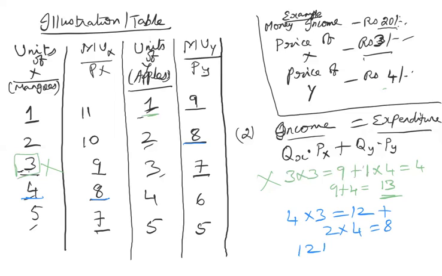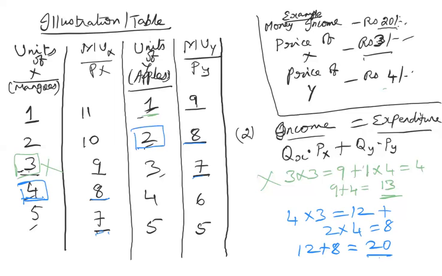So 12 plus 8 is equal to 20. That means his income is equal to expenditure. We need not even look at the other combination because it is beyond his capacity. So finally he settles on this, and the second condition is also satisfied when he purchases 4 units of commodity X and 2 units of commodity Y.